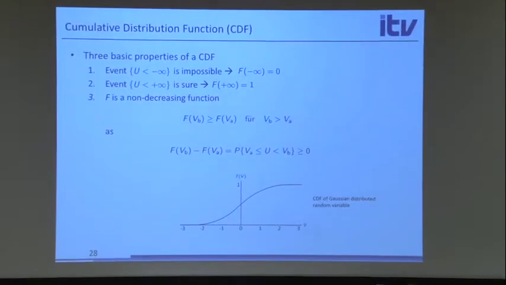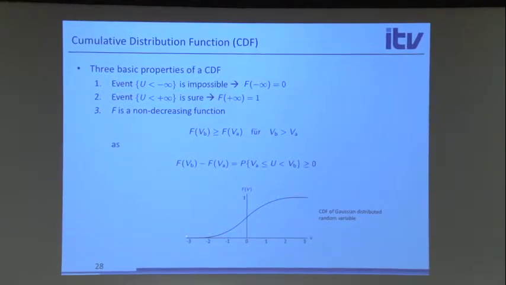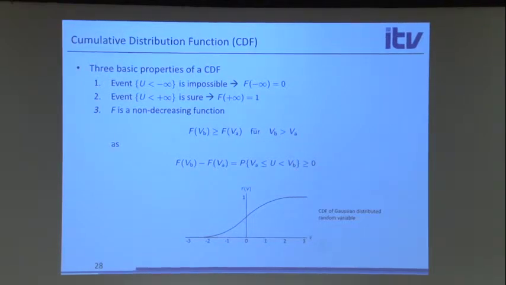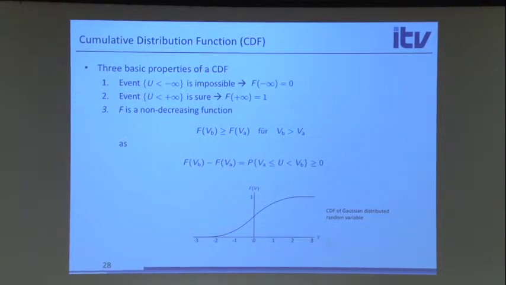So the cumulative distribution function shown here has a few properties. First of all, u less than minus infinity is impossible. Okay, so F of minus infinity is 0, so it always starts at 0. The probability that the velocity is less than infinity is 1. Okay, so it always goes to 1. And then in between it goes from 0 to 1.